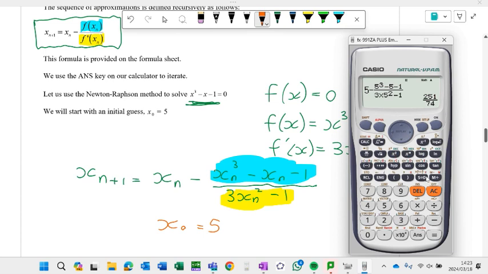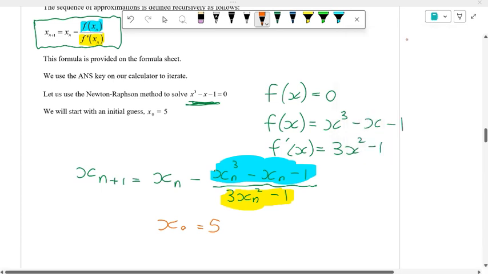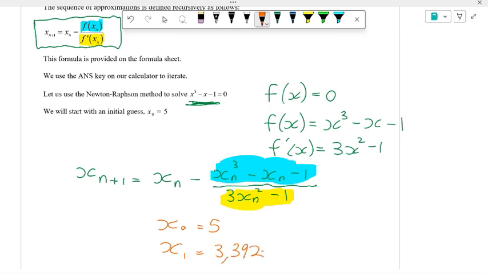And I get 3.392 approximately. So x1 is 3.392. Because picture if n was naught, then all these are x naughts, and here I've got x1. Now what I'm going to do next is put this number in where all these xn's are, and I'll get x2.